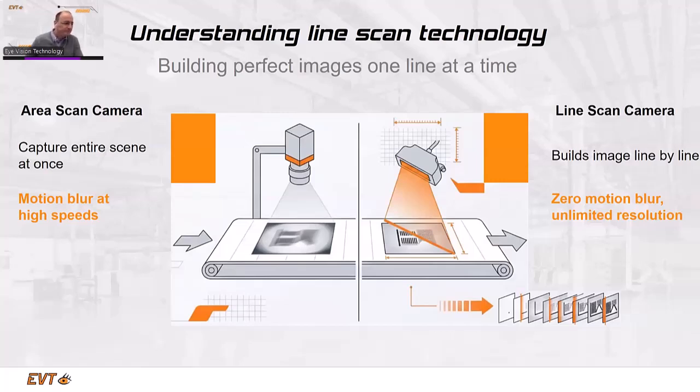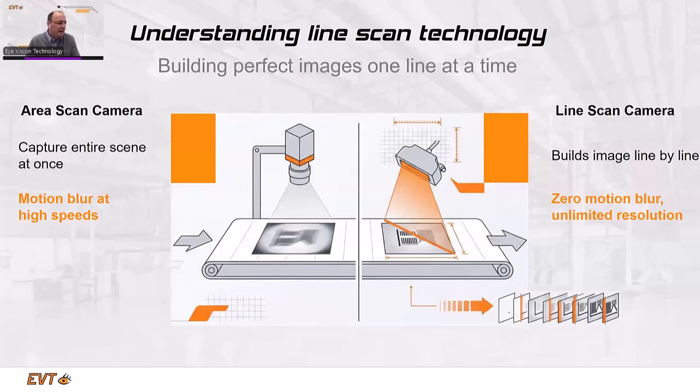And the only disadvantage, however we want to name it, between the area scan camera and the line scan camera is, of course, if your production belt is not running at a homogeneous speed, you need an encoder to have a real perfectly aligned image at the end.